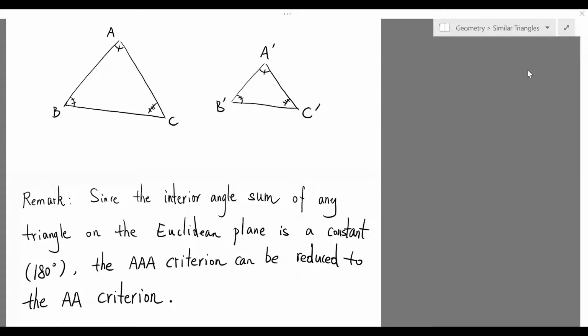In fact, since the interior angle sum of any triangle on the Euclidean plane is a constant, which is 180 degrees, the angle-angle-angle criterion can be reduced to the angle-angle criterion, because if there are two pairs of corresponding congruent angles in two triangles, the third pair of angles must also be congruent, since both of them are equal to 180 minus the sum of the measures of the other two angles.